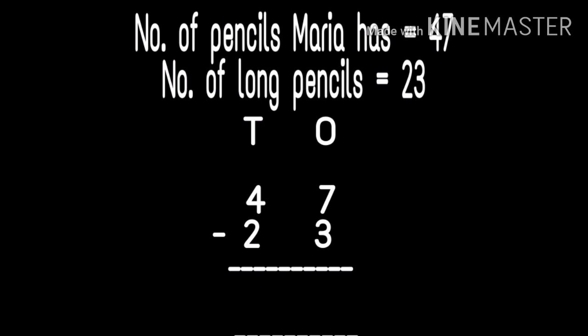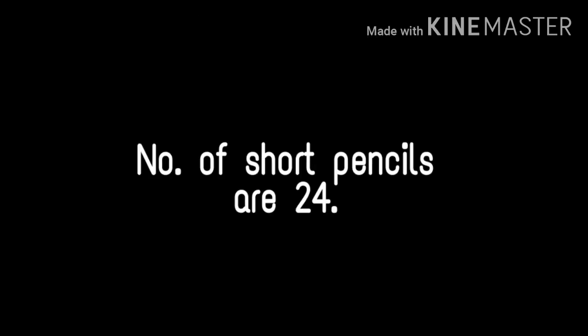Let's start from the ones digit. 7 minus 3 is equal to 4. Yes, subtract it on your fingertips. Then the tens digit: 4 minus 2 is equal to 2. So what did we get as the difference? 24. Now how can we write the answer? Look at the question again and then write: number of short pencils is 24.